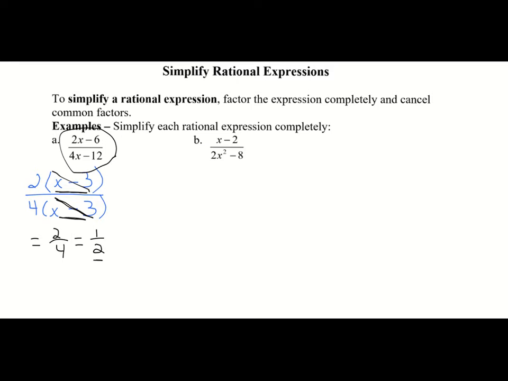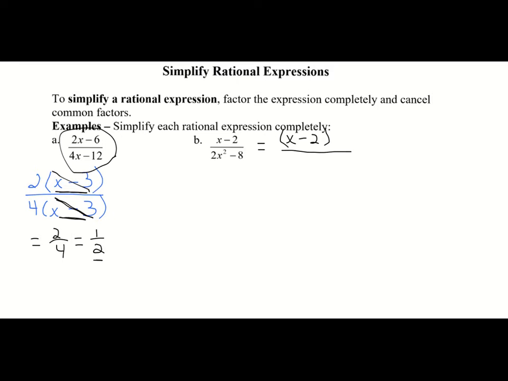All right, let's take a look at B. It looks like the top, x minus 2, is already factored. I really can't do anything with it. Now, if it's an expression and it helps, start putting parentheses around it, so that way you don't simplify just part of it. On the bottom, let's see here.